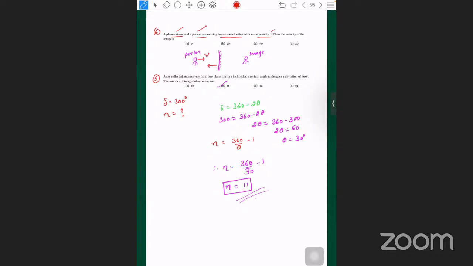So V. With respect to the person, what should be the image speed? If the person is moving with V, the image has to move with V. With respect to the mirror, the mirror is moving with V, so the image has to move with 2V. So what is the total speed of the image? 3V.